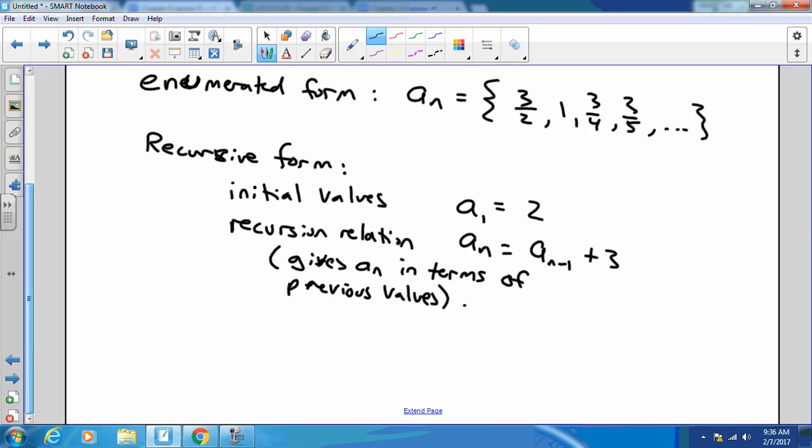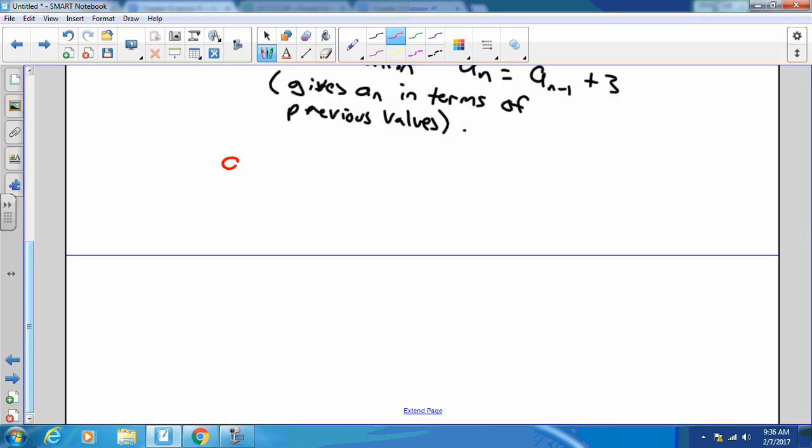So this would be one example of a recursive form. Here's another example of a recursively defined series. Notice that I have an initial value, and then I have a recursion relation that defines that series.